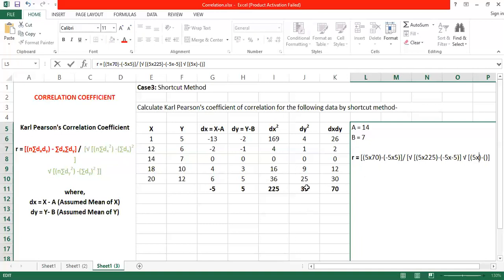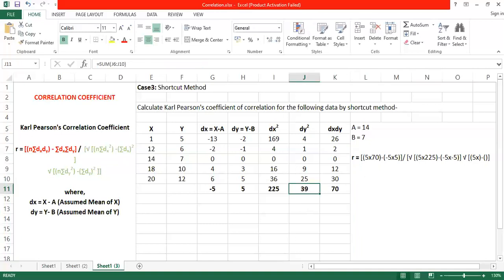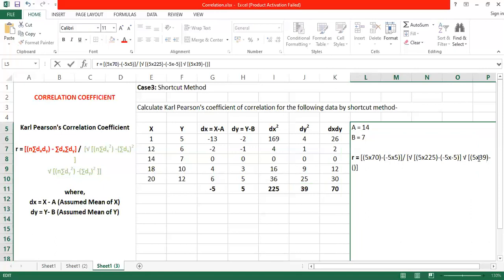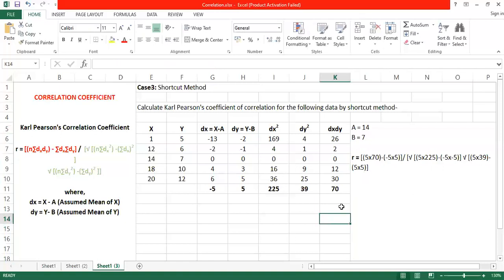Dy square is 39. So it is 39 minus sigma dy whole square. See, this is our sigma dy. So whole square means 5 into 5, right?